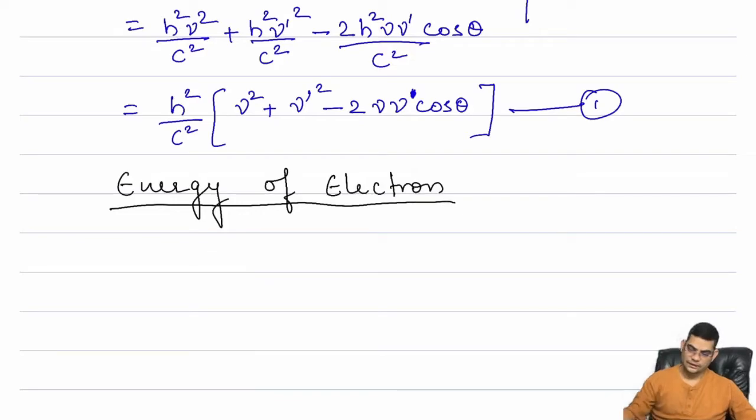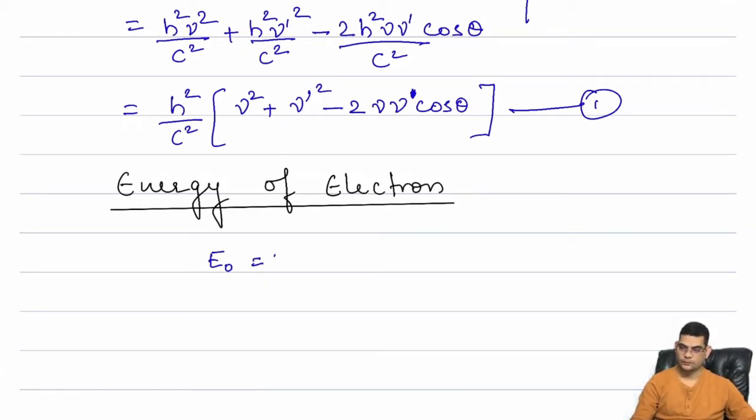Now, the rest mass energy of the electron is E naught is equal to m c square from the Einstein equation.